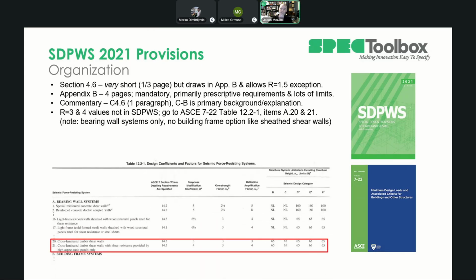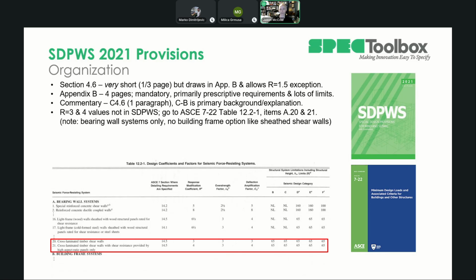Then the R values. It was kind of weird with SPEC 2021 when it came out because it was actually pointing forward to a design standard that hadn't been published yet, ASCE 7-22. But now it's not so much an issue since they're both published. We got R equals 3 and R equals 4 in the standard table of design coefficients for seismic.